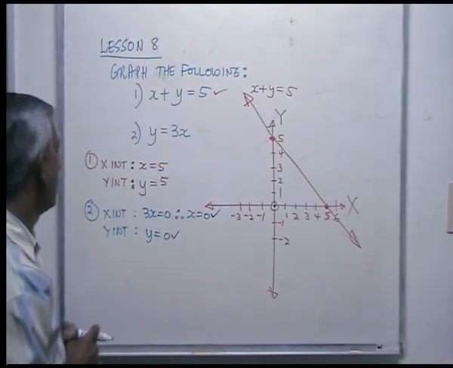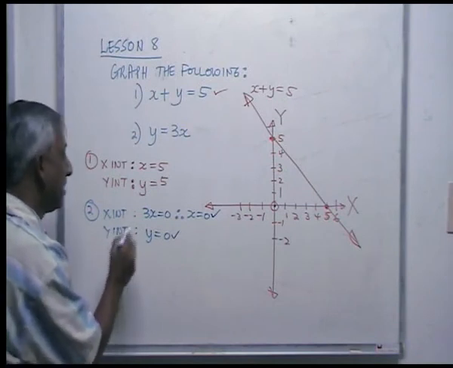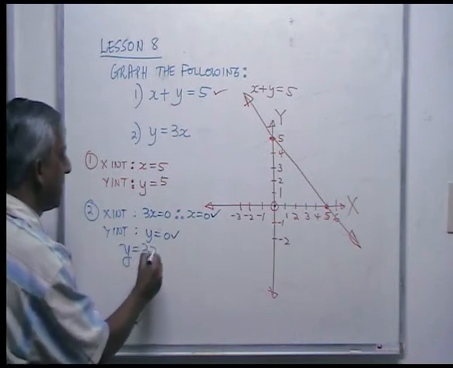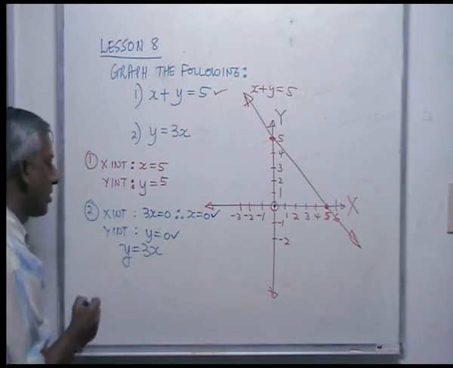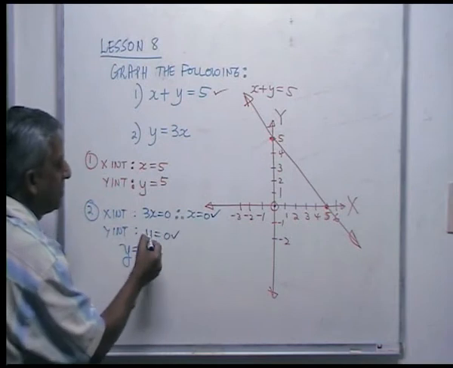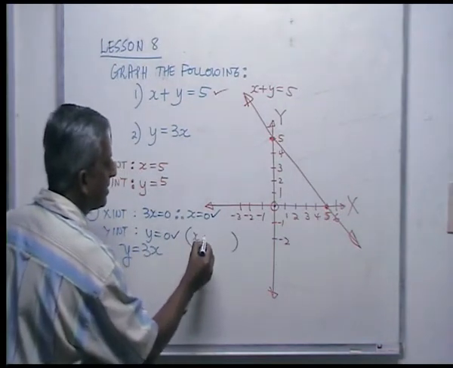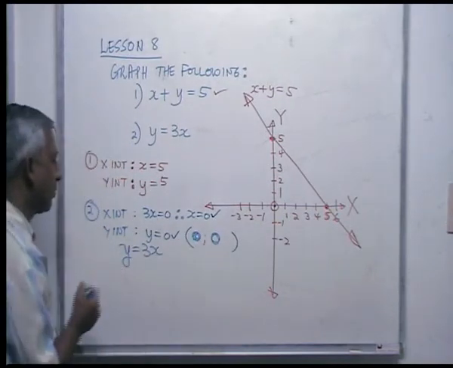So you realize, oh, I have to find ordered pairs. For this example, your equation is y is equal to 3x. You only need 2 ordered pairs. You already have one here: x is 0, y is 0. But if you don't agree with that, not a problem.